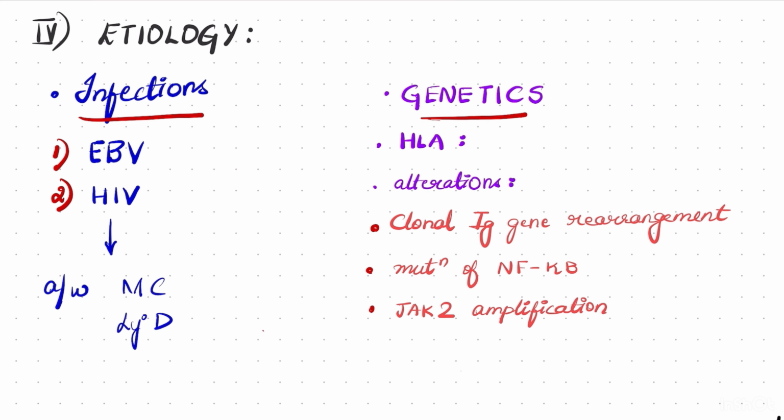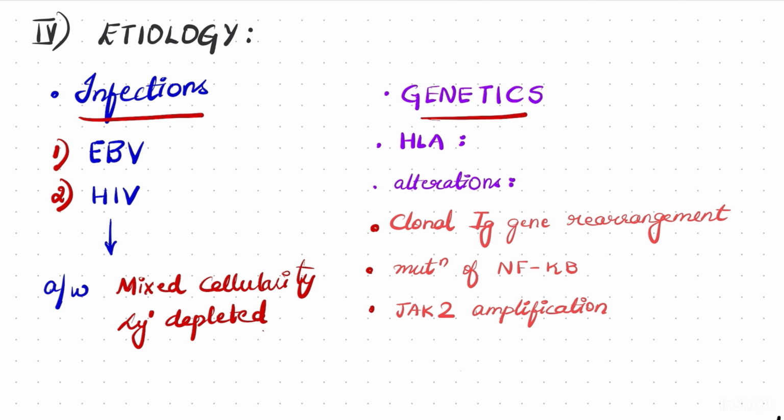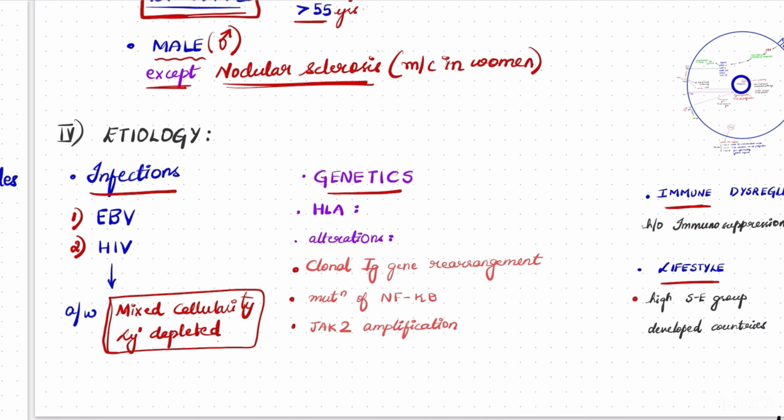These two are most commonly associated with causation of Hodgkin lymphoma, and both are most commonly associated with certain variants called mixed cellularity and lymphocyte depleted variants of Hodgkin's lymphoma. These both show association with HIV and Epstein-Barr virus.